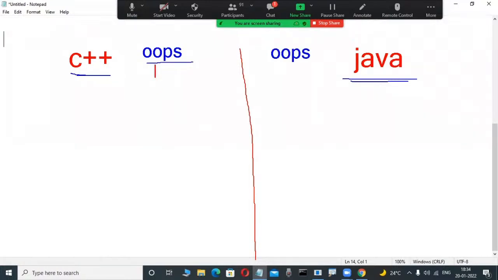A class is a concept. An object is a concept. Inheritance is a concept. Polymorphism is a concept.